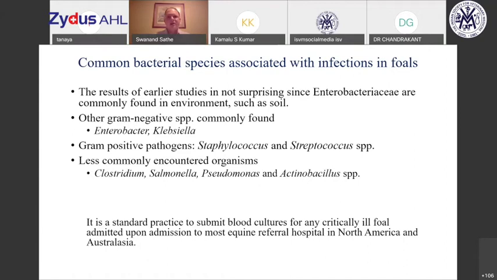Regardless of these bacteria, whenever a foal comes to a hospital in the States, in New Zealand, and some colleagues in Australia also vouch for this, it's standard practice to send blood for blood cultures for any critically ill foal that comes to a hospital for admission. That way you can tailor-make your antibiotic therapy based on cultures and sensitivities.